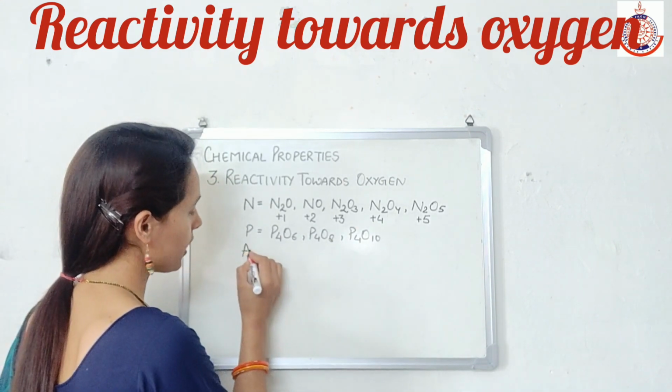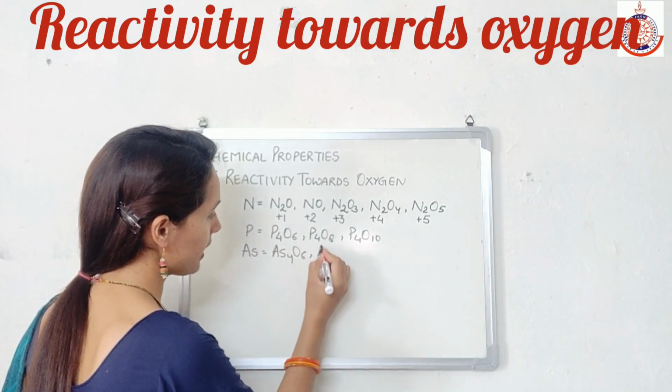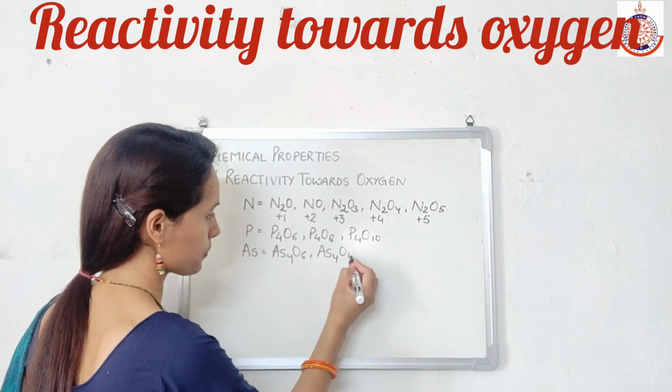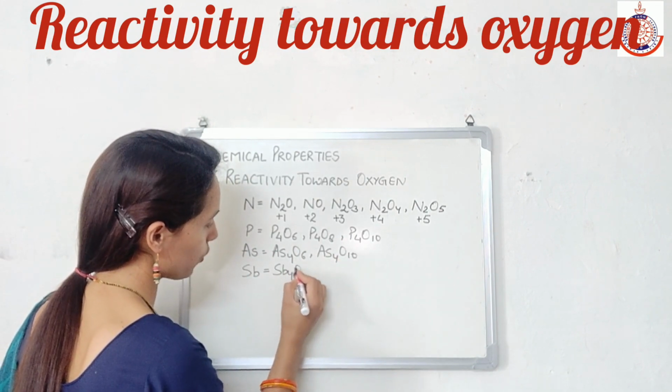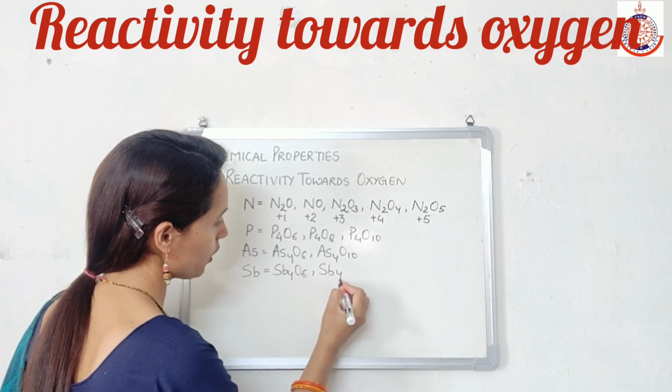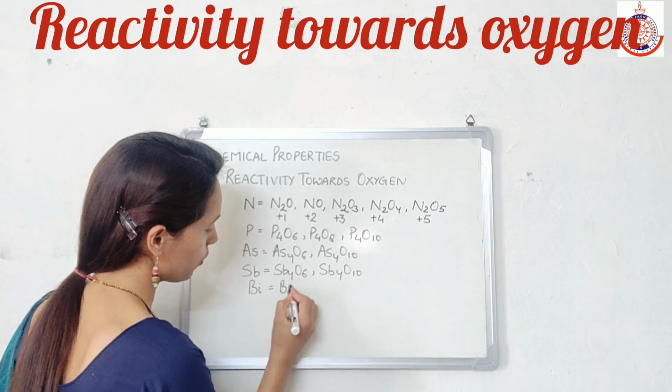But if I talk about arsenic, it forms As4O6 and As4O10. Similarly, antimony forms Sb4O6 and Sb4O10. And bismuth forms Bi2O3.